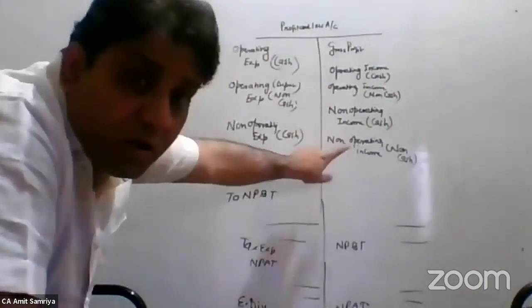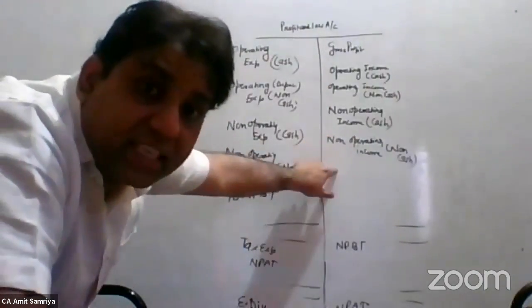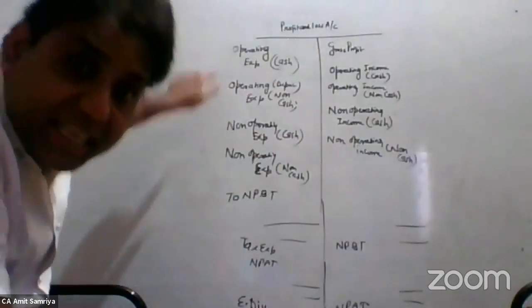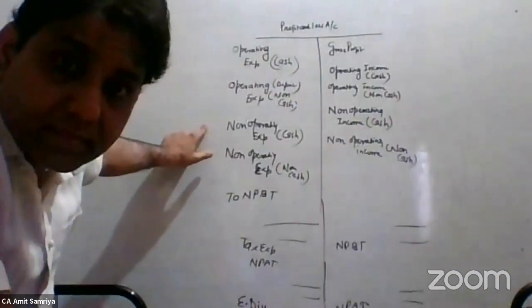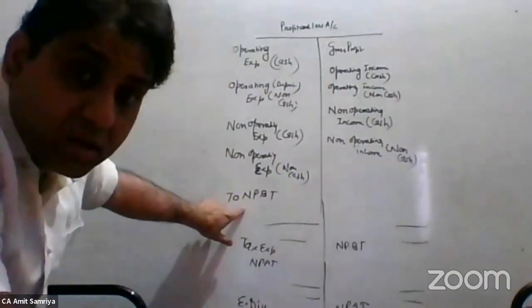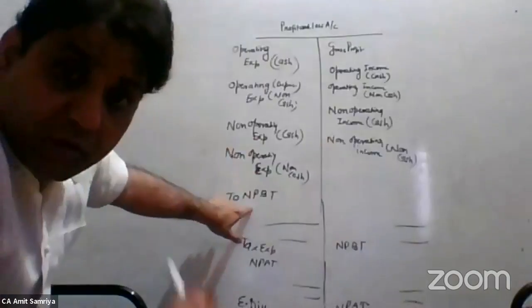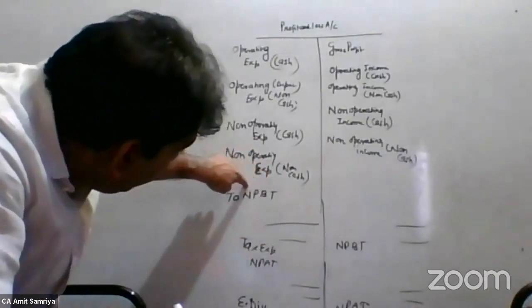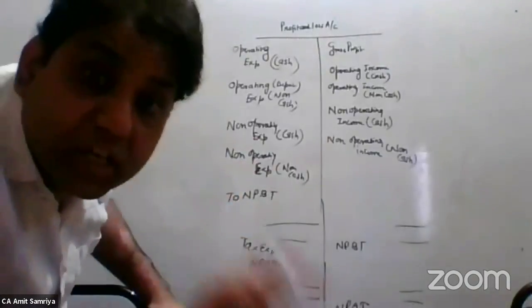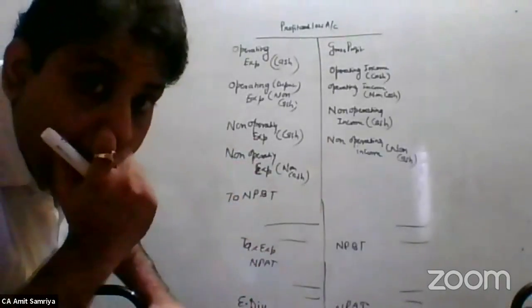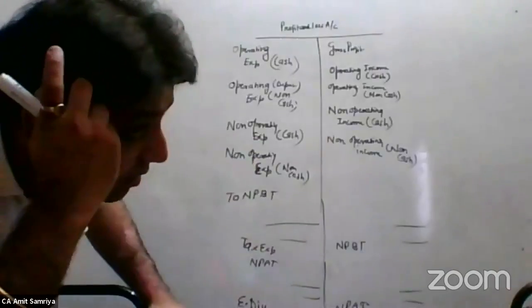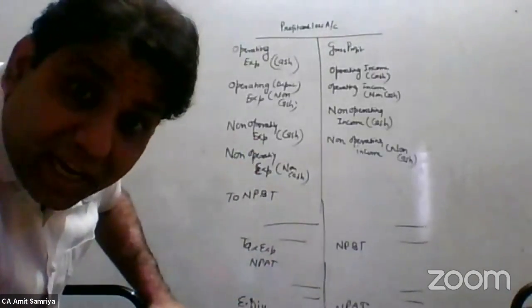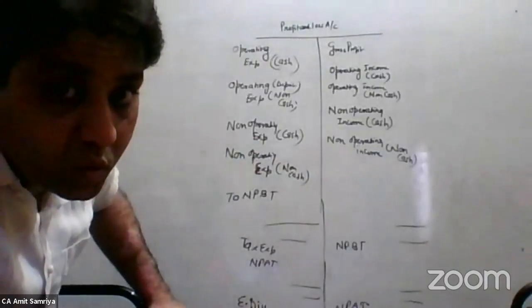All income, whether operating, non-operating, cash, non-cash, is added, and all expenses, whether operating, non-operating, cash and non-cash, are deducted. Okay, this is net profit before tax. So what will we do? We will convert net profit before tax into fund from operations. If we have to eliminate +2, we should do -2. If we have to eliminate -2, we should do +2.